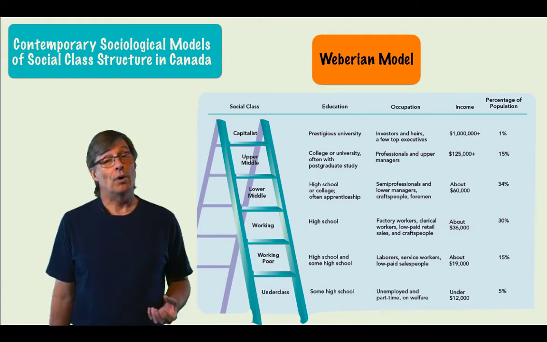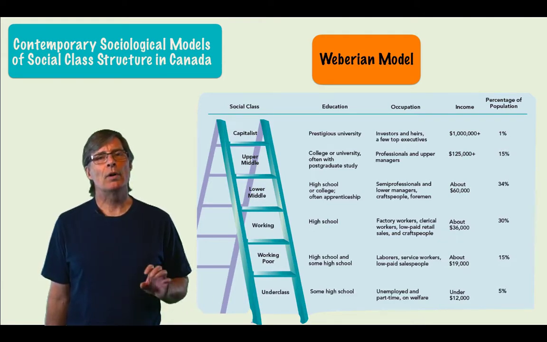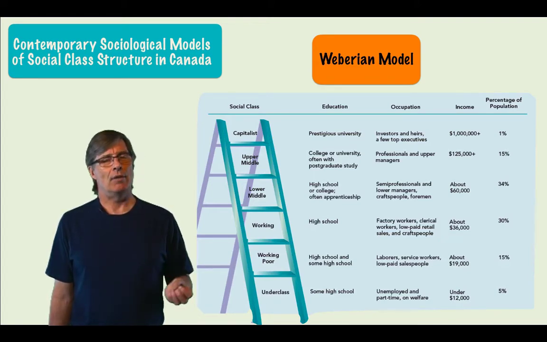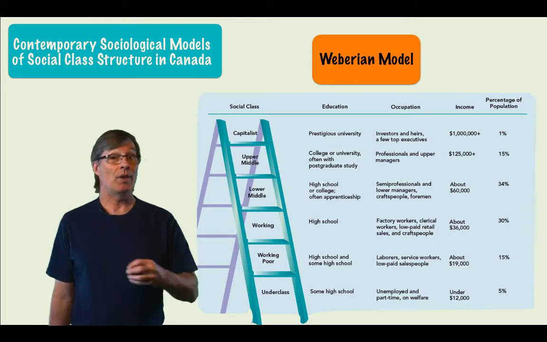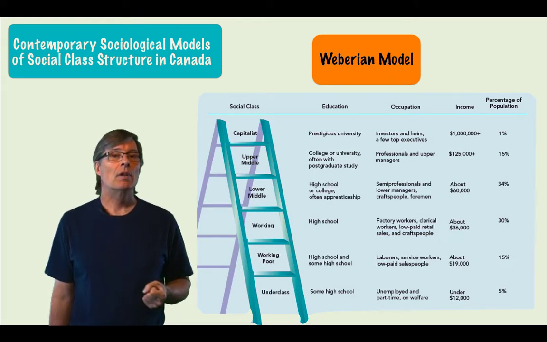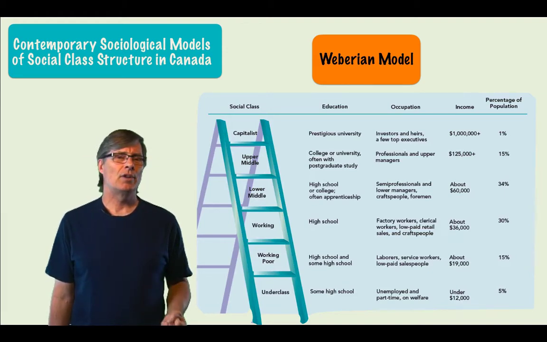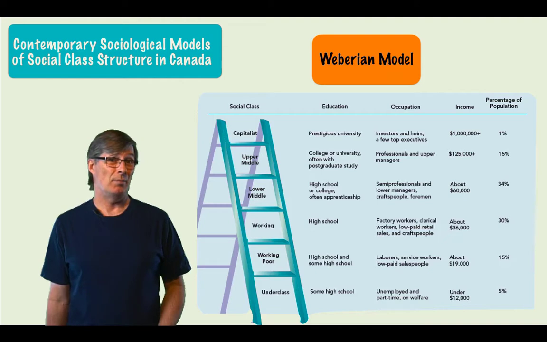Now, the working poor account for about 20% of the Canadian population. They live just above the poverty level, and we'll get into a little later what that poverty level is. They're unskilled workers, seasonal jobs, low-paying factory jobs, service jobs.